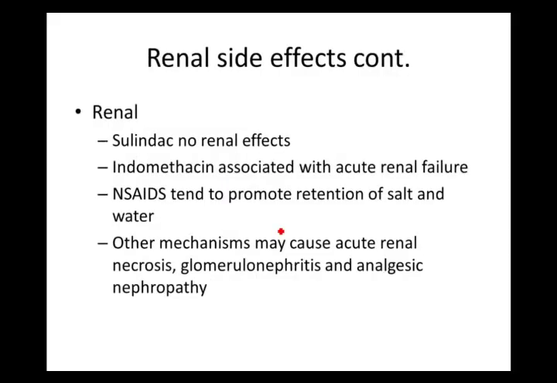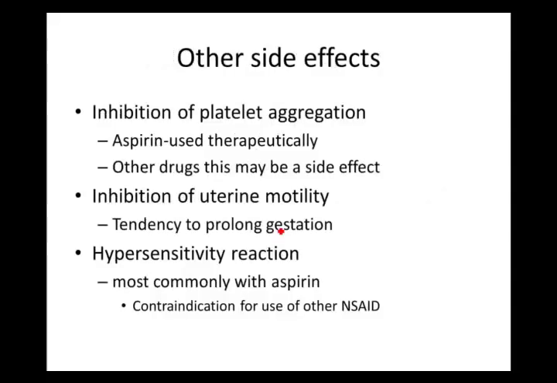So yeah, tons of renal side effects. Some of these drugs have little to no side effects in terms of kidney function, like Sulindac, and others are associated with acute renal failure, like indomethacin. So obviously it's good to take an important patient history. Other side effects include inhibition of platelet aggregation.